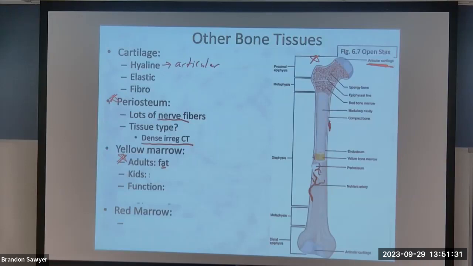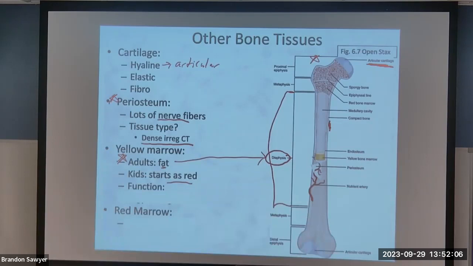So the middle part of our long bones is called the diaphysis. The diaphysis is this whole section in the middle here. That's going to be mostly full of lipids in adults. But in kids, it's going to be all red bone marrow, even in the middle of our long bones, because kids are building up their blood supply. They're making all their new red blood cells and white blood cells, so they need a lot of extra tissue making all those cells for them.